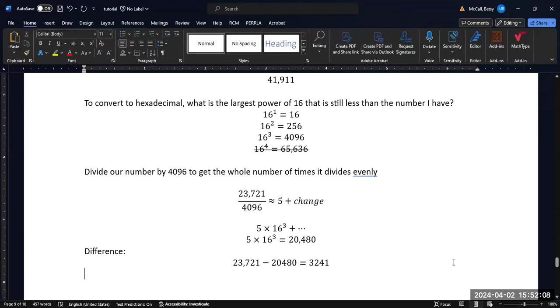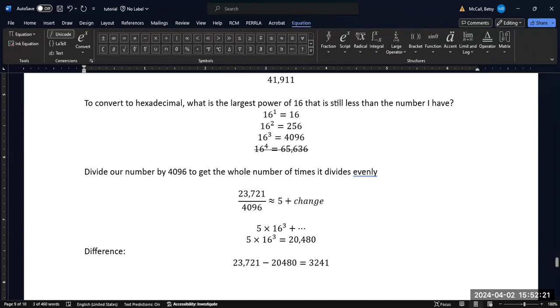And so then we repeat this process for the next digit. The next power down is 256. This is smaller than 3,241, so we're going to take our 3,241 and divide 3,241 by 256.